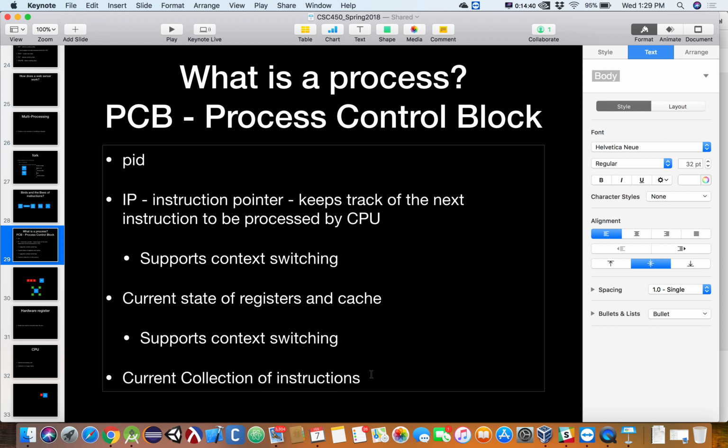All right, so when we fork a process, we get a second PCB that has its own unique process ID that will have the same instruction pointer. It'll already be incremented to the next line we're to pick up. It will have a copy of all the current registers and that kind of jazz, again for supporting context switching, and then it'll have the same current collection of instructions.